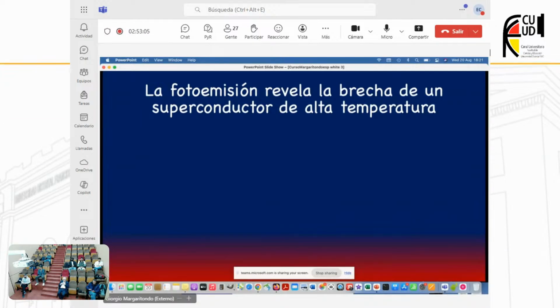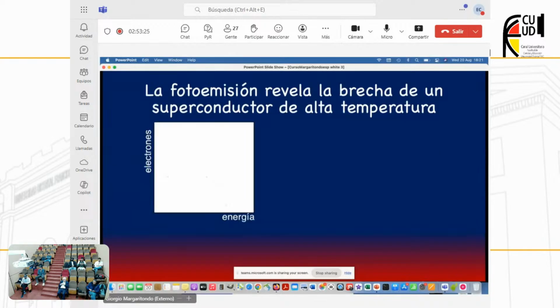Because there is, again, a gap that is preventing the mechanism for resistivity to kick in, a gap in the energy spectrum of the electrons, which is much narrower than the gap that you find in a semiconductor.